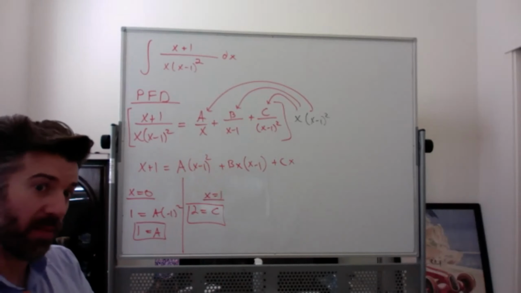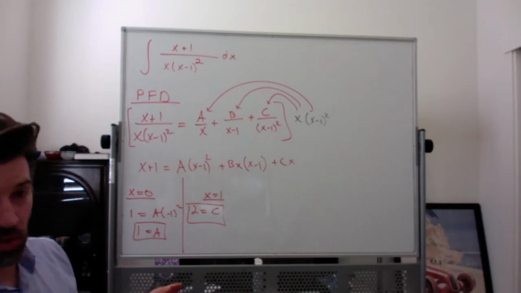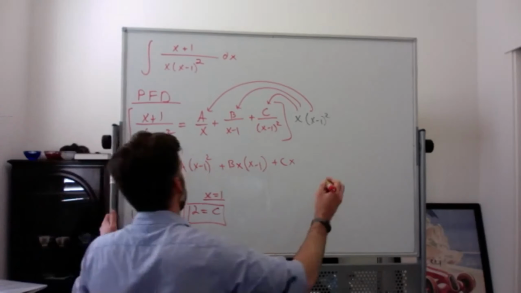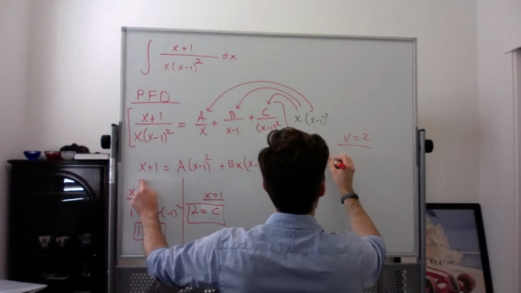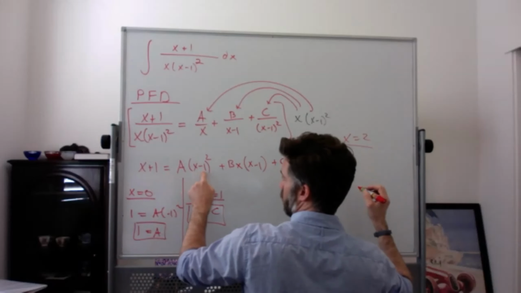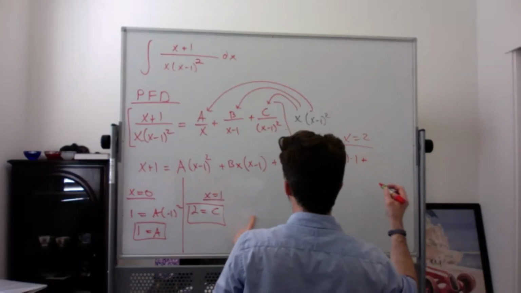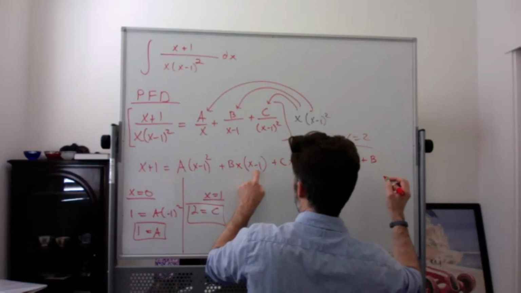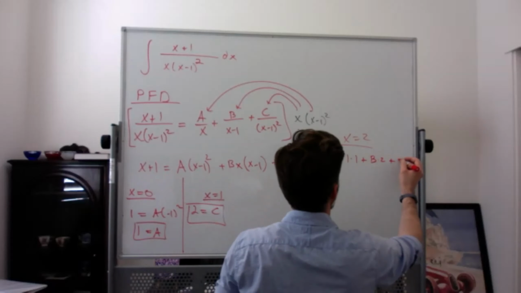One choice, which is not my choice, is to pick some other value of x. You can pick x equal to 2. In fact, I will do it. I pick x equal to 2. I would get 3 on the left equal to a, which is 1, times 2 minus 1 squared, which is just 1, plus b, which I don't know yet, times 2 times 1, plus c times 2.